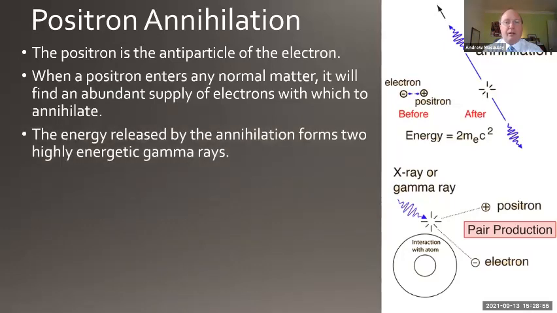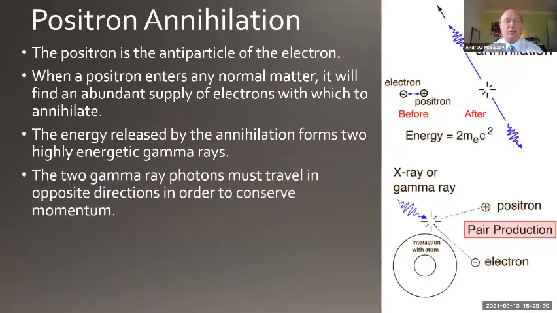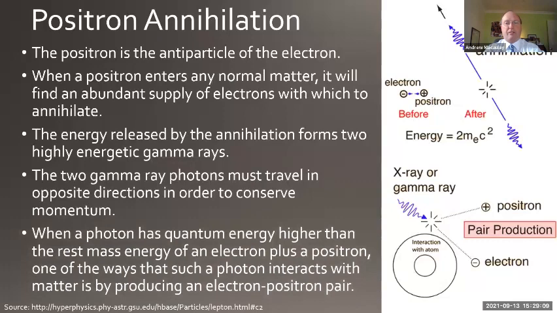The energy released by the annihilation forms 2 highly energetic gamma rays, and those 2 gamma ray photons must travel in opposite directions in order to conserve momentum. When a photon has quantum energy higher than the rest mass energy of an electron plus a positron, one of the ways that such a photon interacts with matter is by producing an electron-positron pair. And we saw this back in inquiry question number 1.